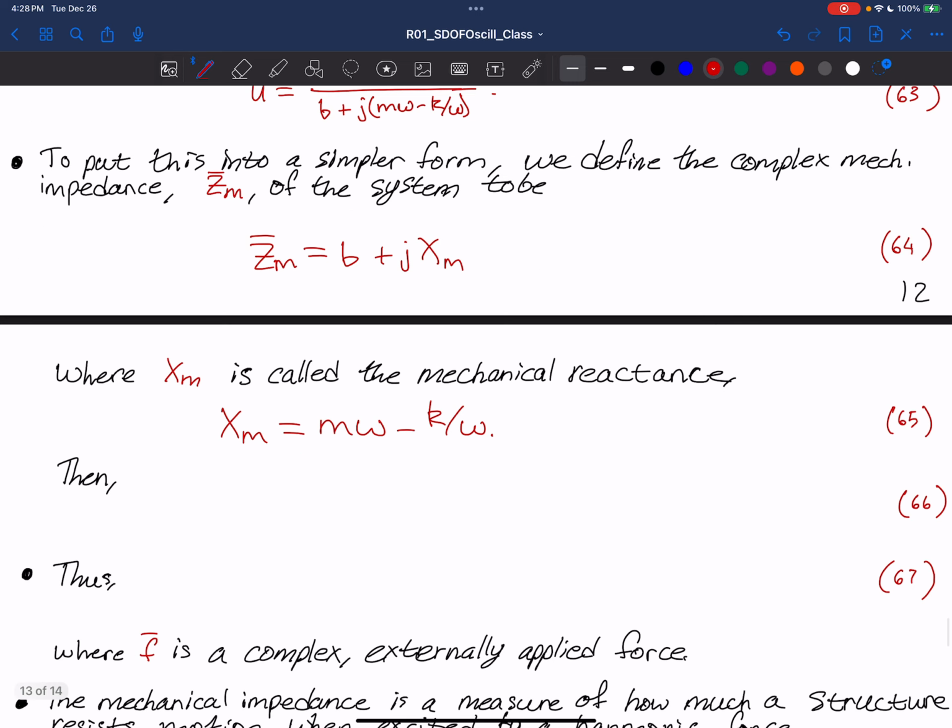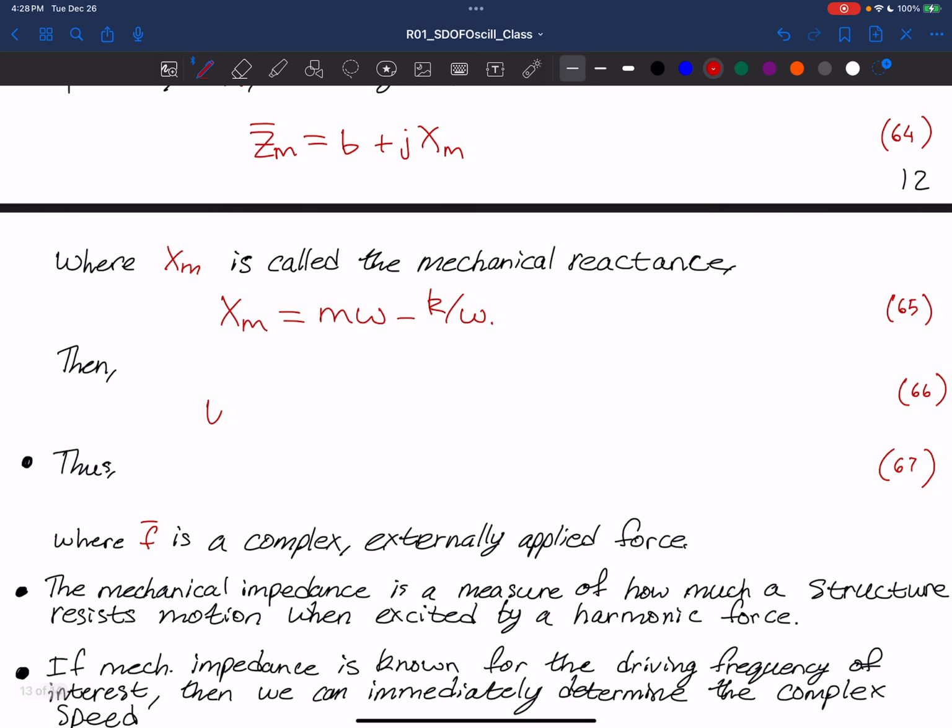The benefit of this is that we can write that u bar, that complex velocity, is now equal to the force F bar e to the j omega t divided by the mechanical impedance. Or in general, we can say that some complex F of t divided by that mechanical impedance is equal to our velocity.